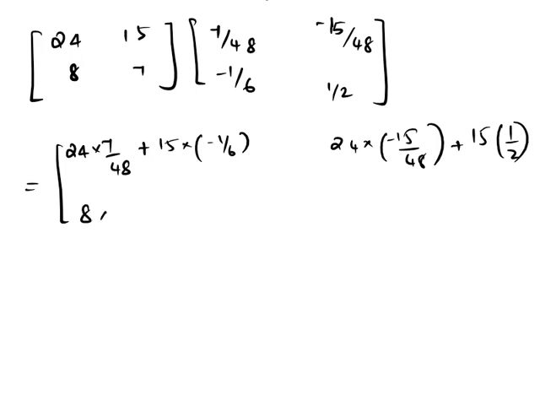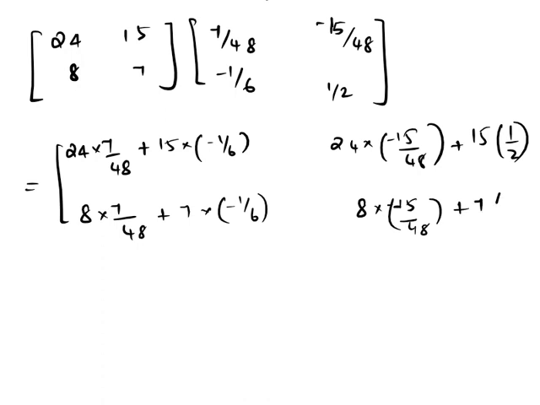In the same way, 8 into 7 by 48 plus 7 into minus 1 by 6. And here in the same way, 8 into minus 15 by 48 plus 7 into 1 by 2. Now find the answer by simplification.